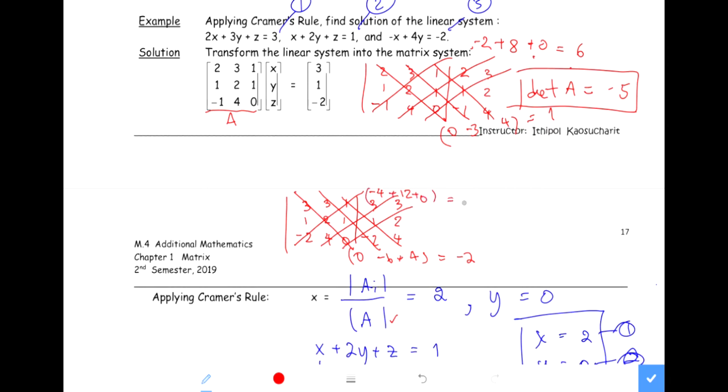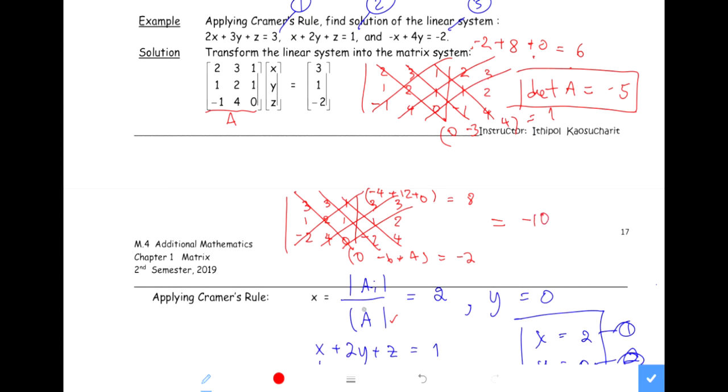That is 8. Yeah, it's an 8. So down minus up: down is minus 2, minus up 8, so the determinant of this is equal to minus 10.